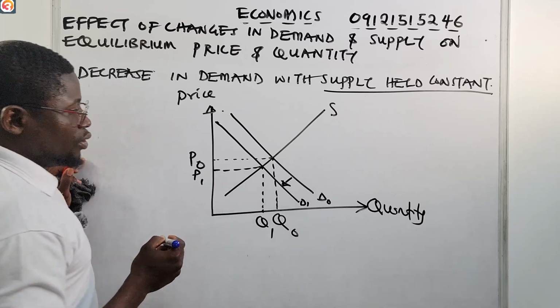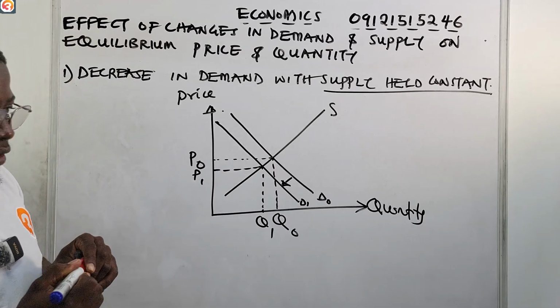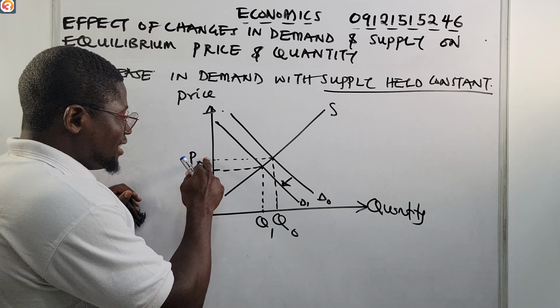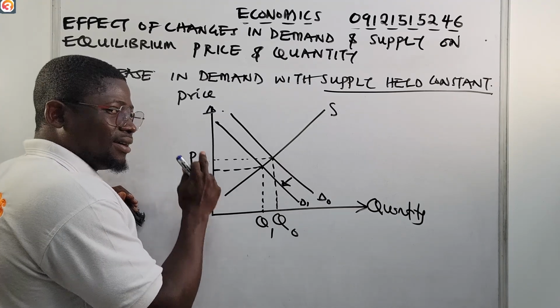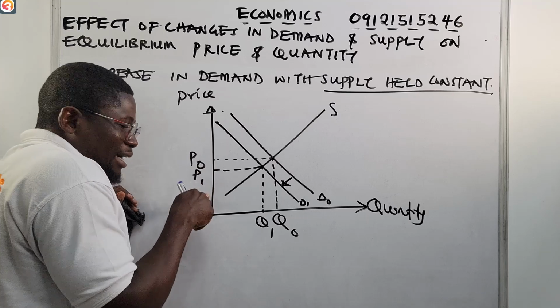This is our P1. If you notice very well here, what happens is the change in price, is it a decrease or an increase? You can see that from P naught, it came down to P1.